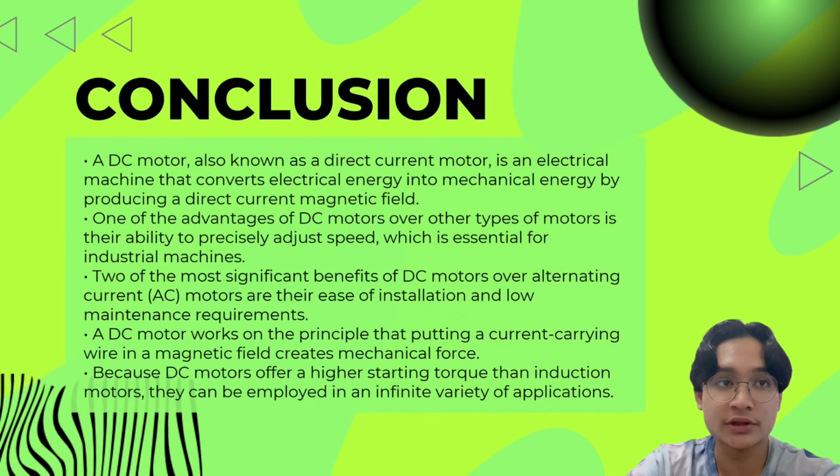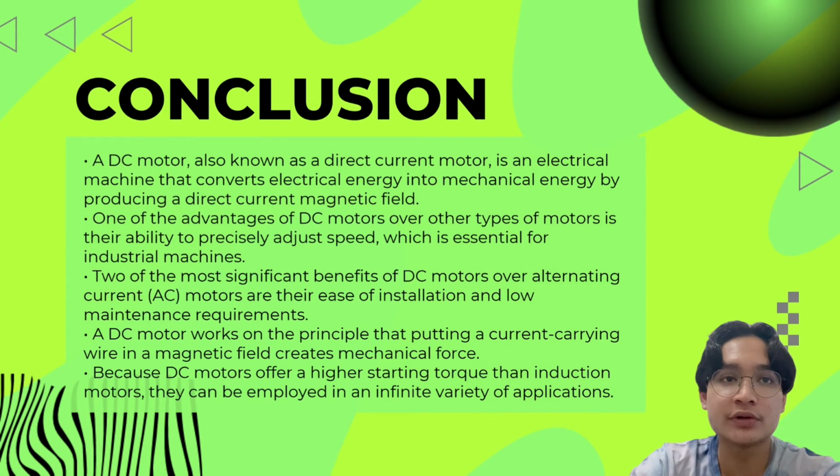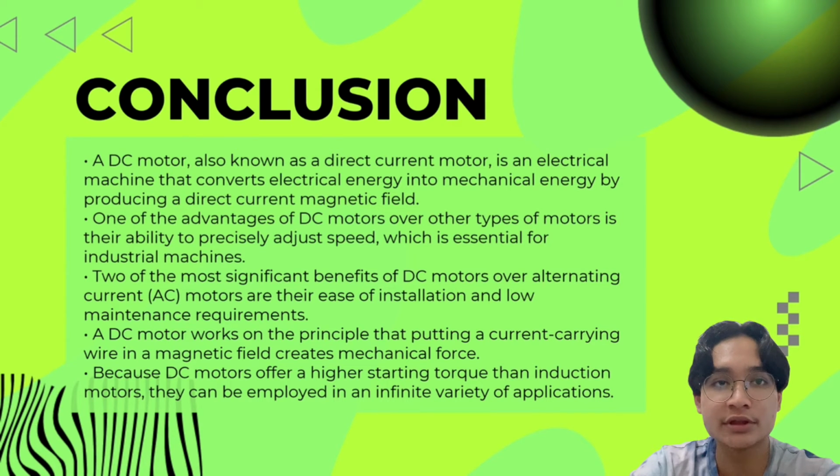So for the conclusion, a DC motor, also known as a direct current motor, is an electrical machine that converts electrical energy into mechanical energy by producing a direct current magnetic field. One of the advantages of DC motors over other types of motors is their ability to precisely adjust speed, which is essential for industrial machines.